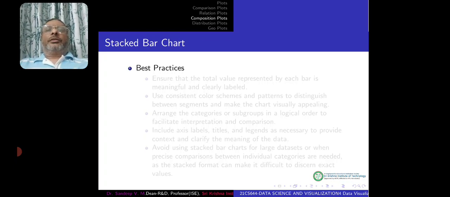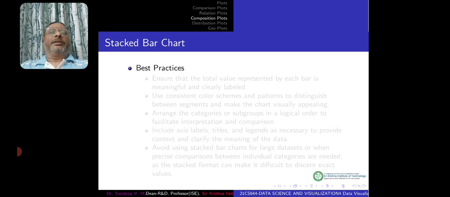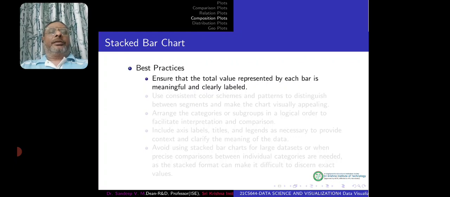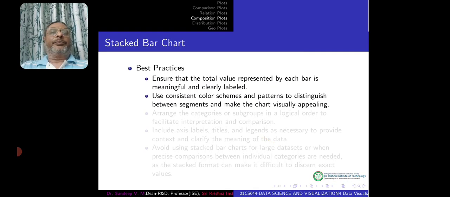To make sure to get maximum benefit out of stacked bar charts, we have some advice or best practices for use. We must ensure that the total value represented by each bar is meaningful and clearly labeled.